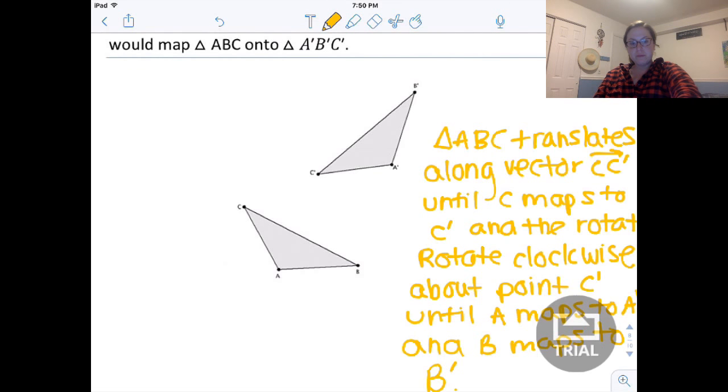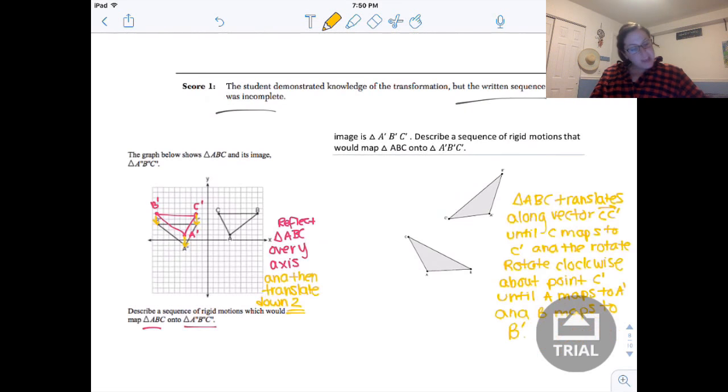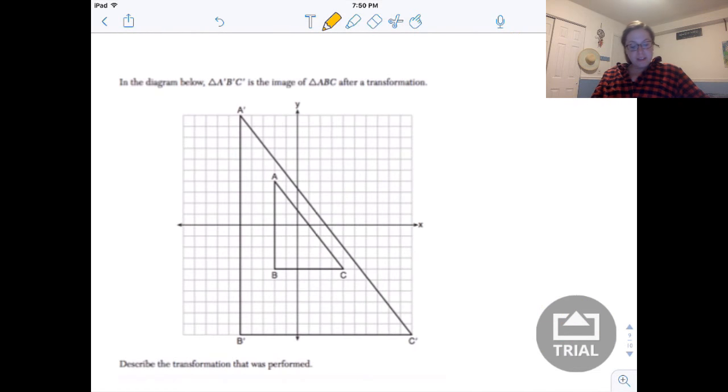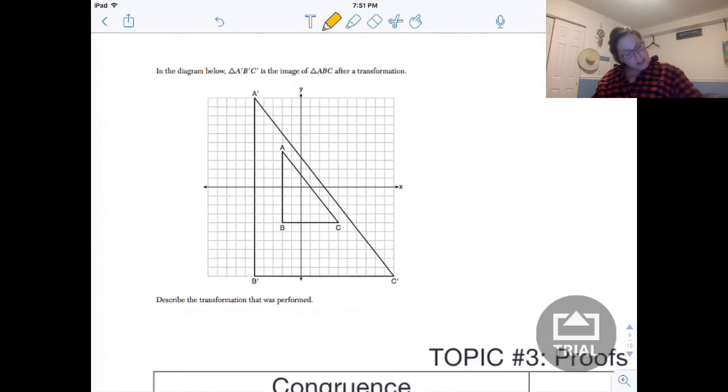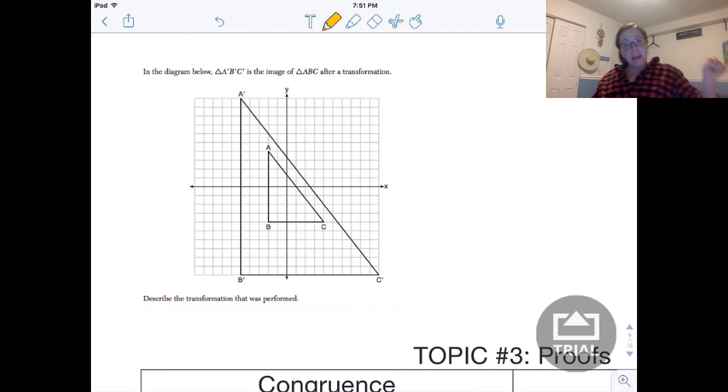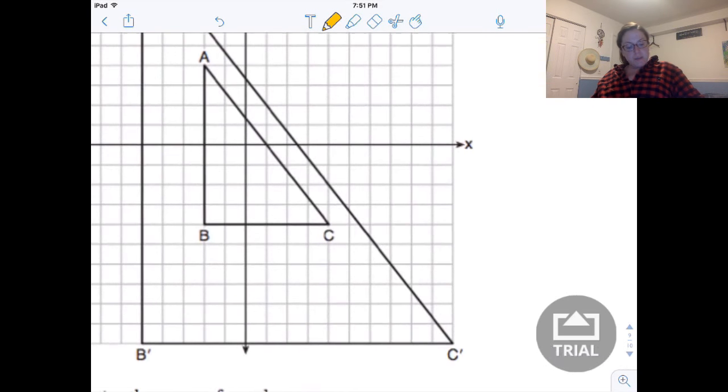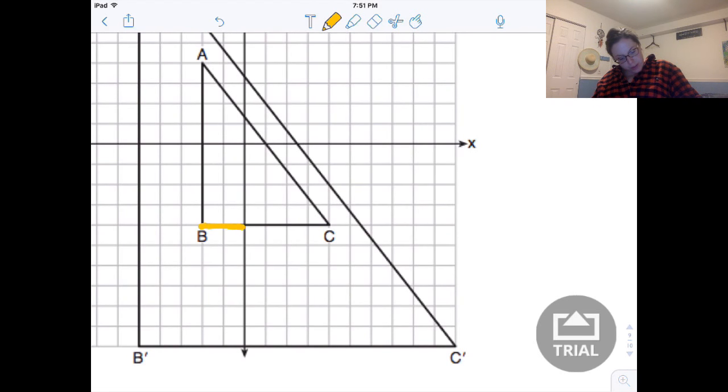Okay, so last one. It is very clear to me that there was a change in size here, right? So this was a dilation. So let's try to figure out what our scale factor was. So it tells me that I'm going from ABC to A prime, B prime, C prime. So my pre-image, this length was 1, 2, 3, 4, 5, 6.